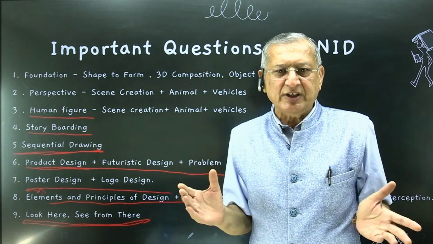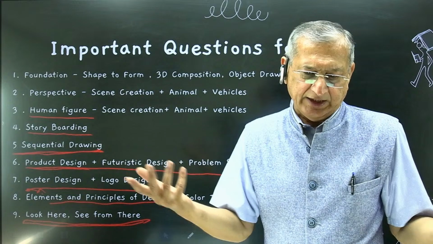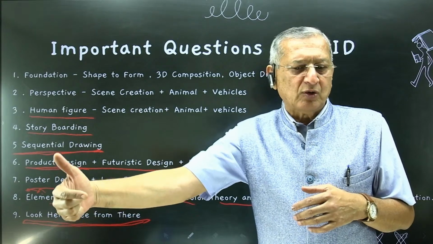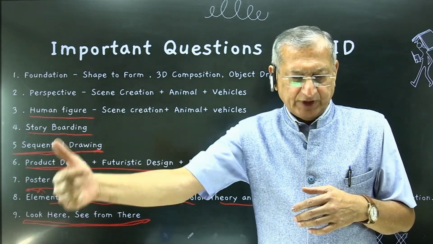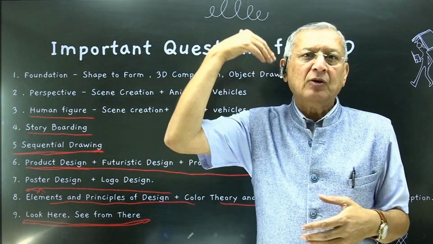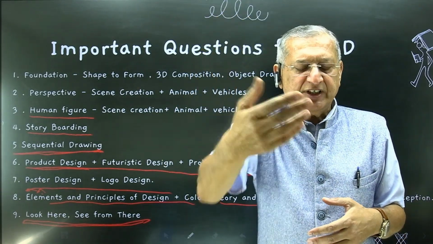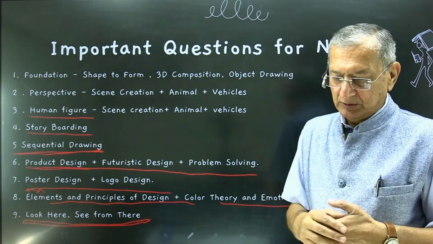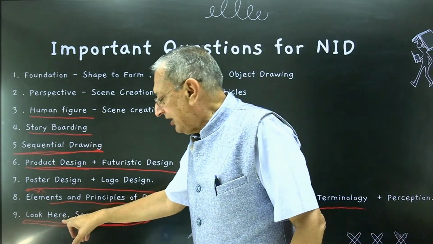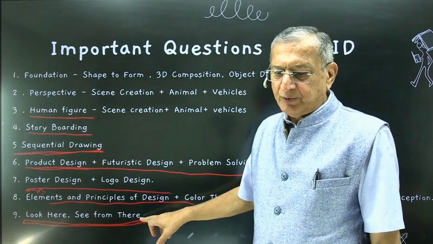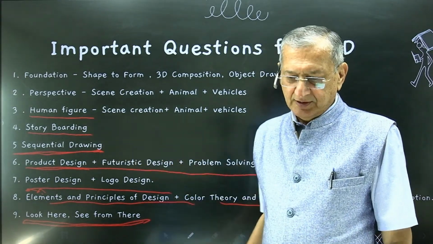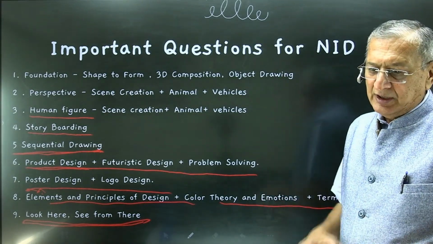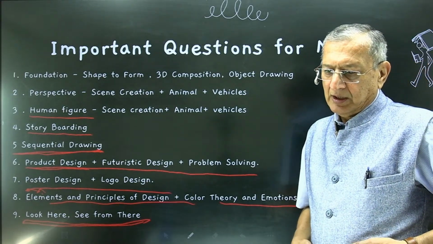Now they create a scene which you are looking at from the front side anyway. And they may ask you to draw the same scene as it would look from the right side or left side, or maybe from somebody else who is sitting across from you, from that person's point of view. So that's why I say, look here, that means at the picture, and see from there. So these are the 9 topics on which I think a good revision can be done by an NID aspirant.